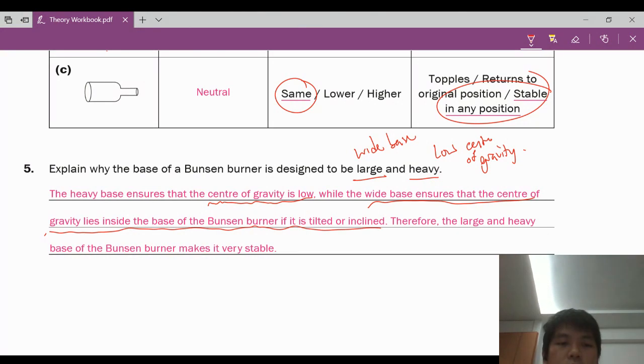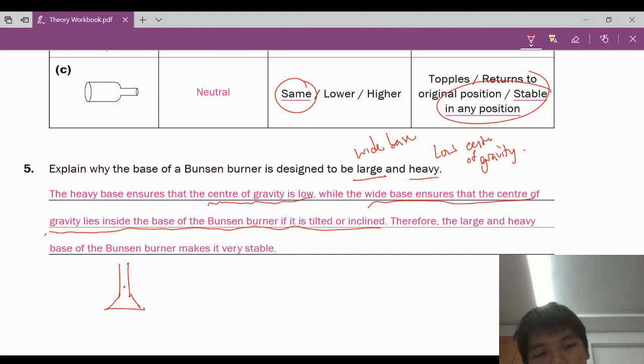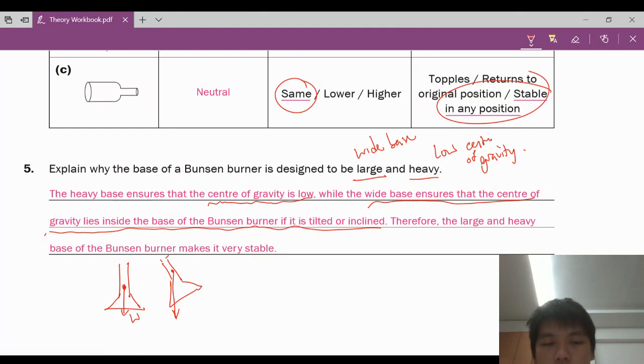So you have a Bunsen burner, and the center of gravity should be here. This is the weight. Now what happens if it's tilted? If it's tilted, the center of gravity will still lie within the base. Because of that, it will give it a clockwise moment and cause it to turn back, making it more stable.